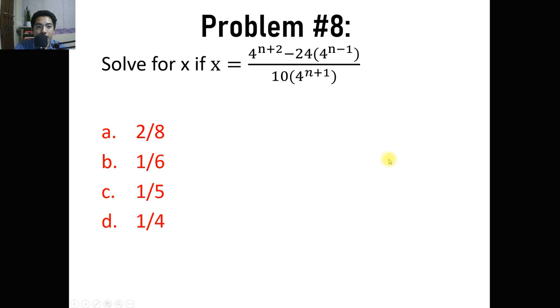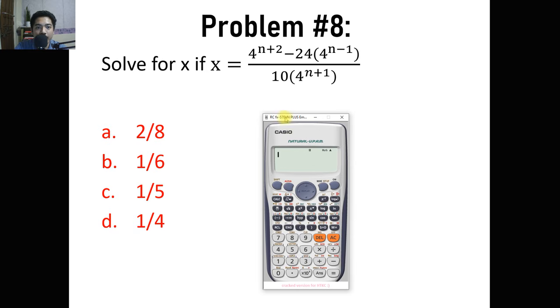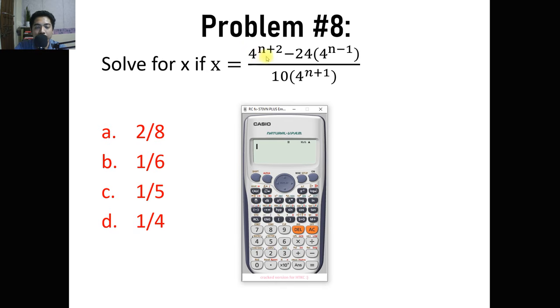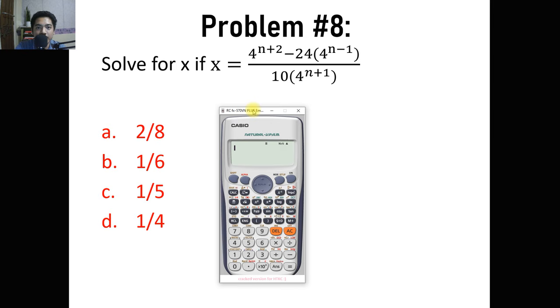For problem number 8, solve for x if x equals 4 raised to n plus 2 minus 24 quantity 4 raised to n minus 1 all over 10, multiplied by 4 raised to n plus 1. So this is very simple.